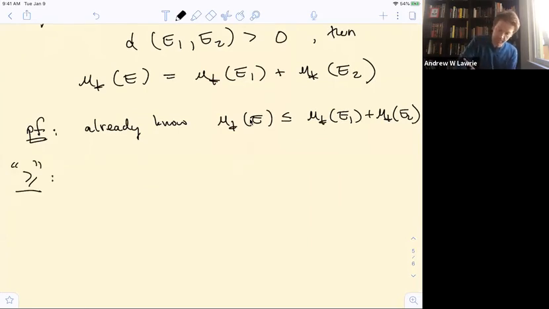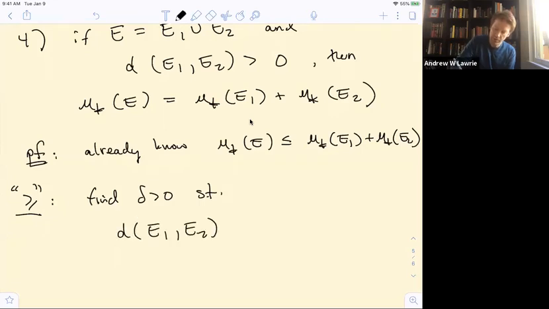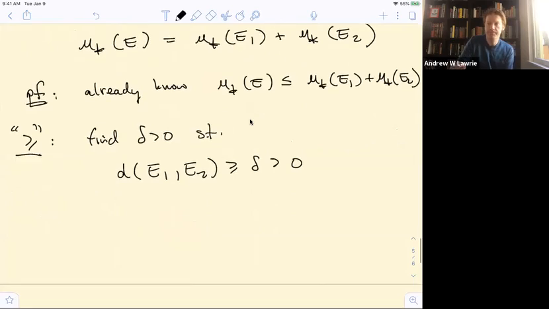Well, these sets are a fixed distance apart, so I'm going to quantify this. I'm going to say find a delta bigger than 0 such that the distance between E1 and E2 is bigger than or equal to delta, which is a positive number. I know this is a positive number; I'm going to tell you how big. They're delta apart at least.